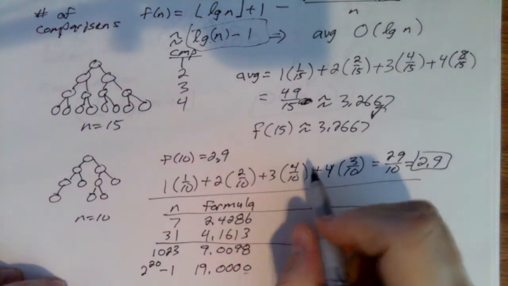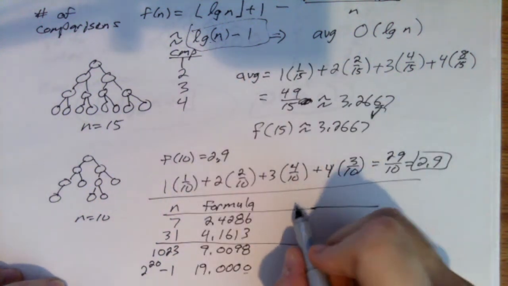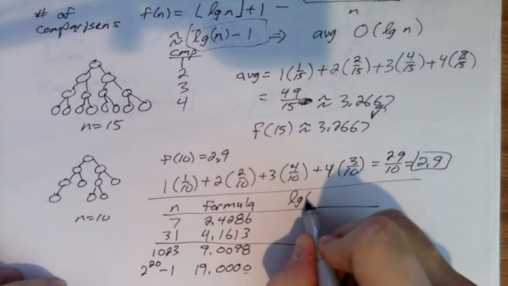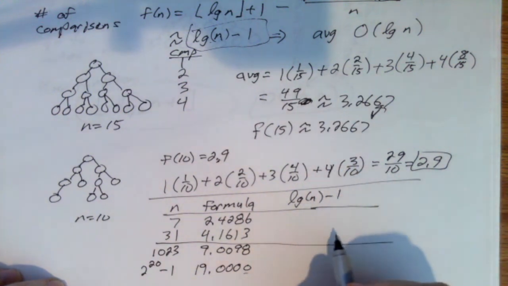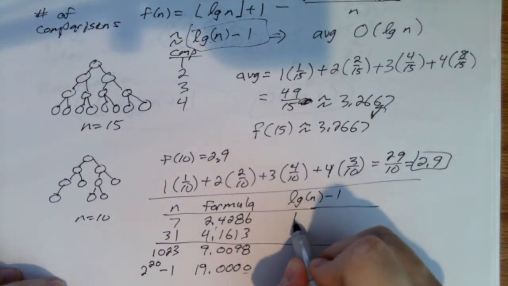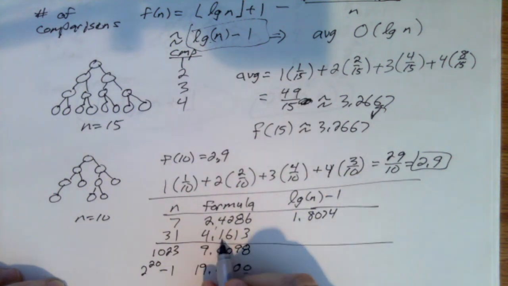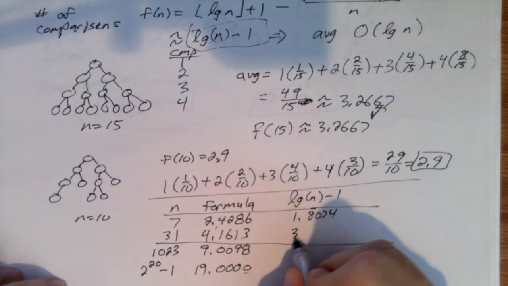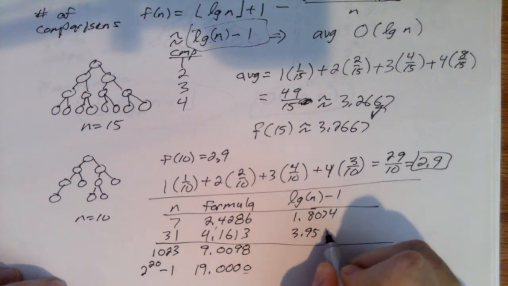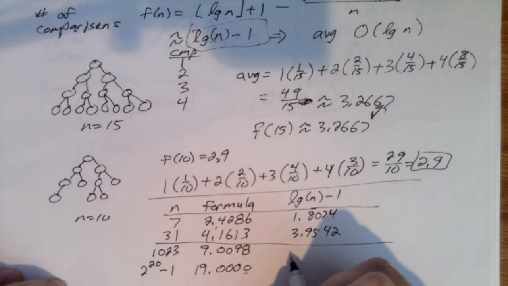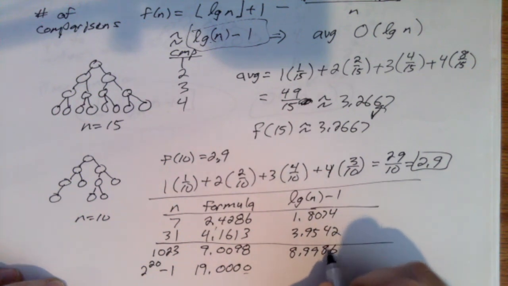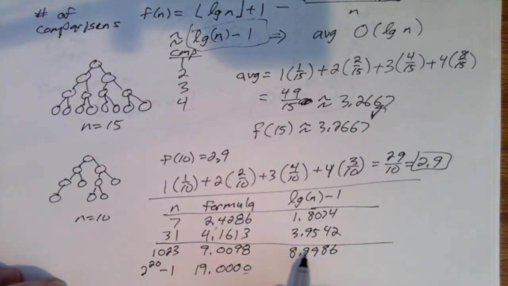So what if we use our approximation and try log of n minus 1? Well, for small numbers, it's not that close. 1.8074 for 7, and 3.9542 for 31. For 1023 I get 8.9986 as opposed to 9.0098, so it's pretty close.